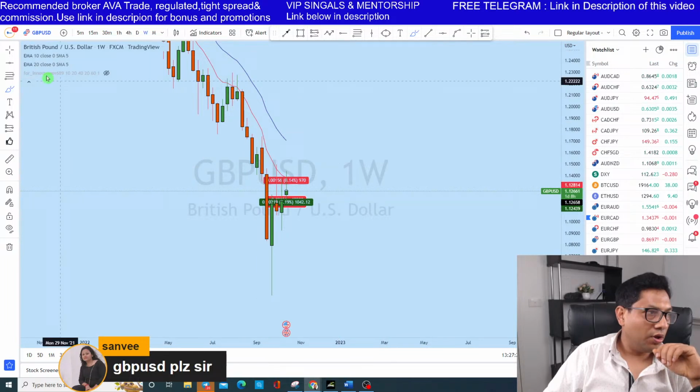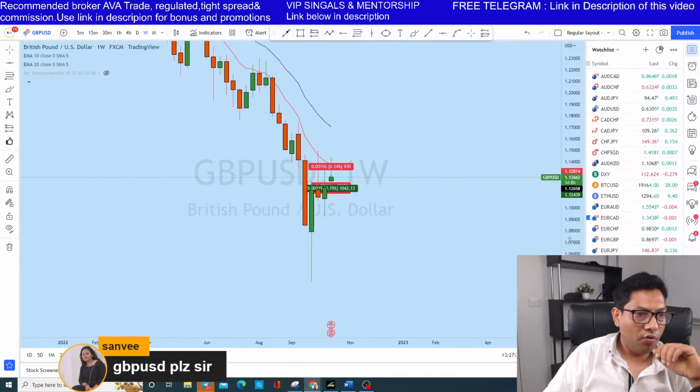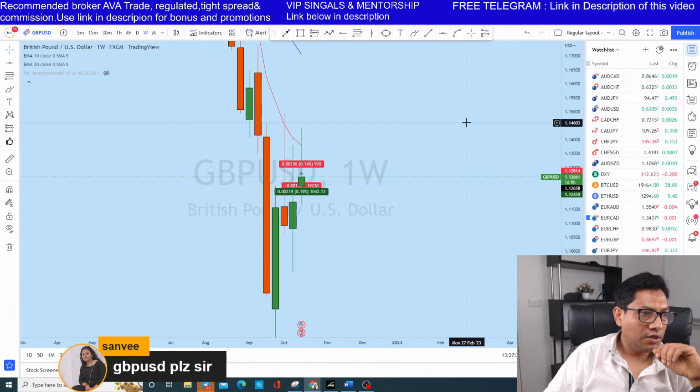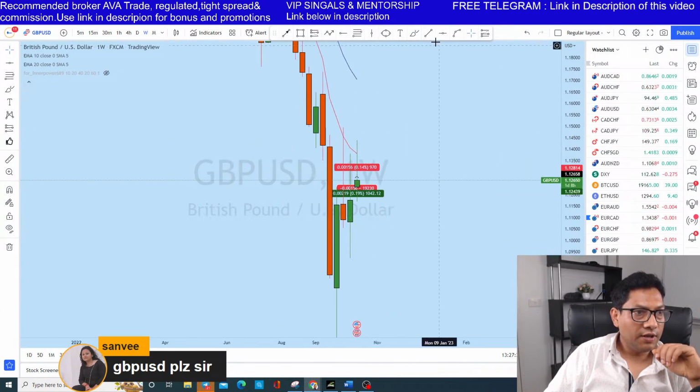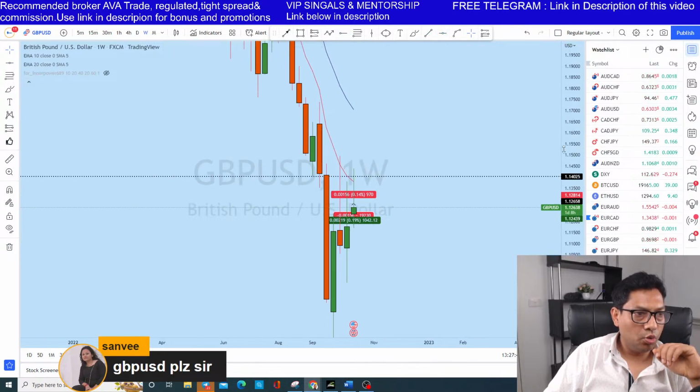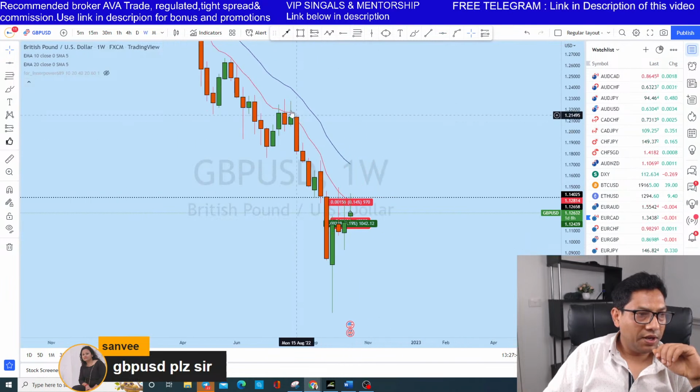Okay, so if you look at the overall bigger picture on GBPUSD, you see that there is a previous support zone here with this weekly candle. Now on the bigger picture, see, always trade with the bigger picture. You see this is a bigger picture, a long-term picture here.